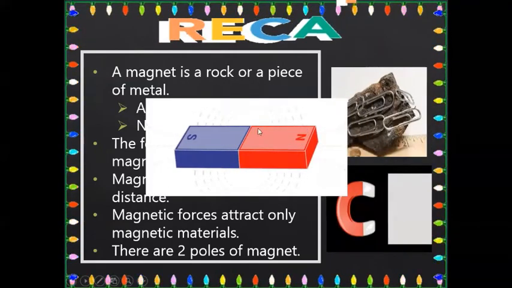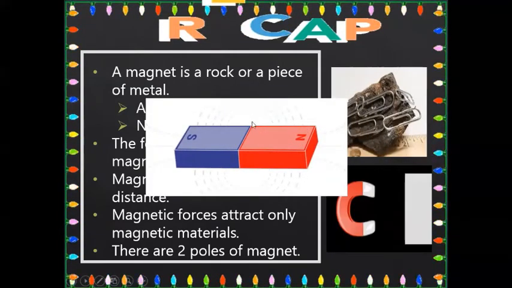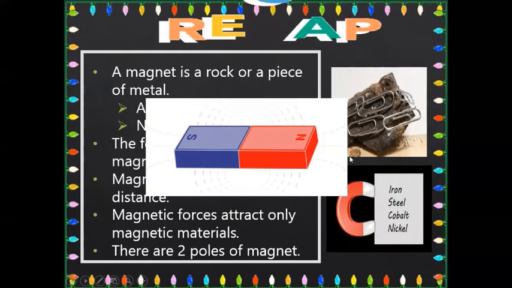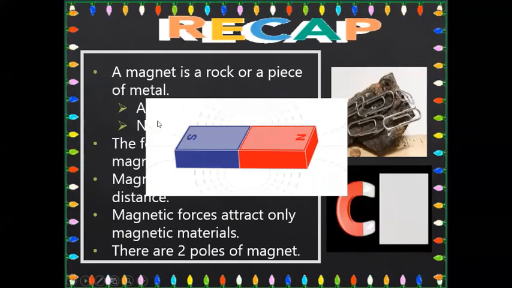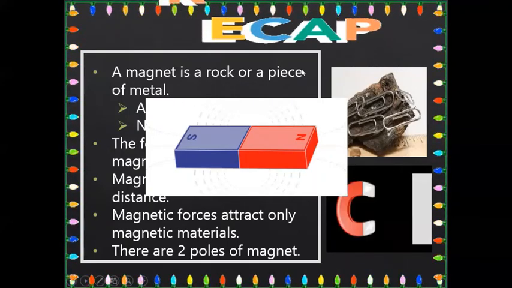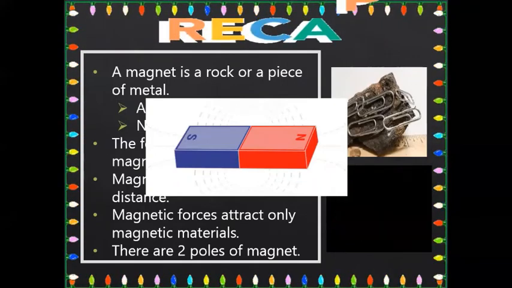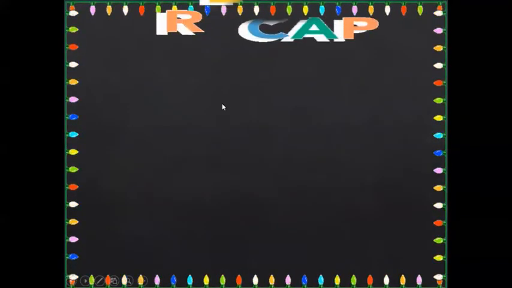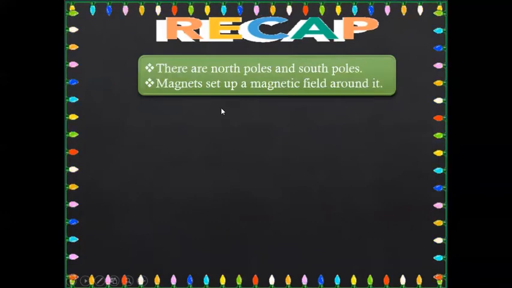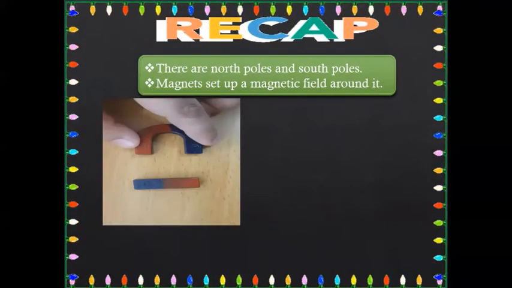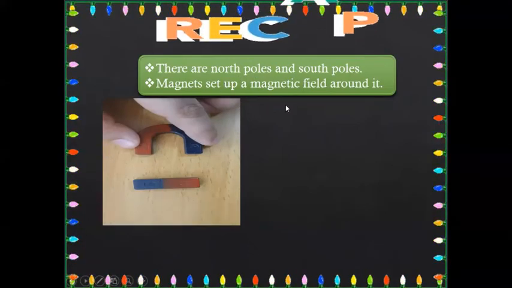You can see that if we cut the magnet into half, they become two magnets. And again, if we halve them, they become four magnets. So even a single piece of magnet has a north and south side. Students, the north pole and south pole generate the magnetic field around it.